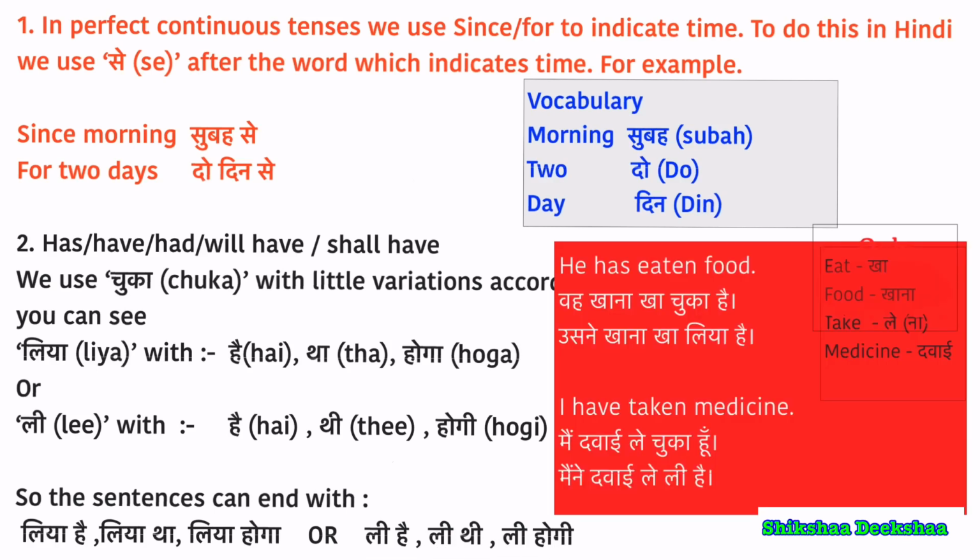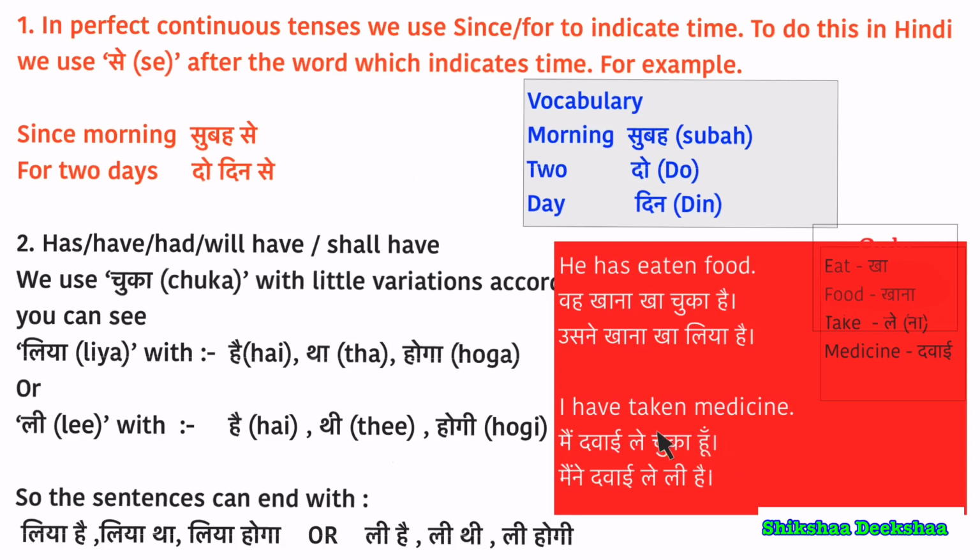Now these are some examples. He has eaten food. Now for this sentence, वह खाना खा चुका है and उसने खाना खा लिया है both have the same meaning. These both sentences convey the same meaning that he has eaten food. Same way for this example, I have taken medicine. In Hindi we can say मैं दवाई ले चुका हूँ and मैंने दवाई ले ली है.